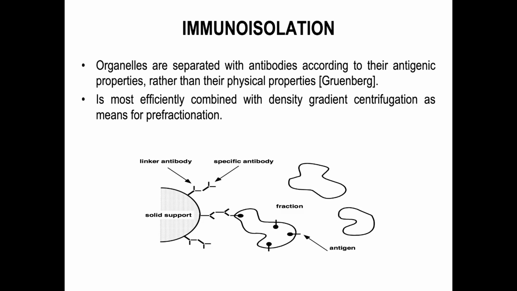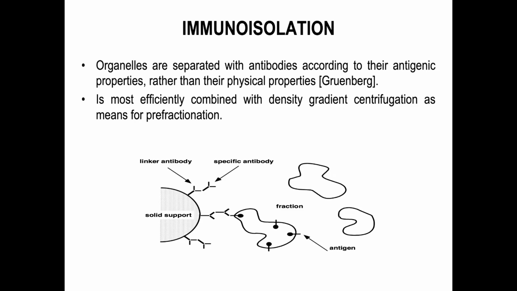But all techniques I'm showing you now, the free flow electrophoresis, the immunoisolation, the different gradient centrifugations, the density shifts, they all rely on this basic module, how you fractionate cells, how you homogenize them. The quality of your homogenate, the care you take in this first step is then reflected in the quality of what you get out at the end of the day.